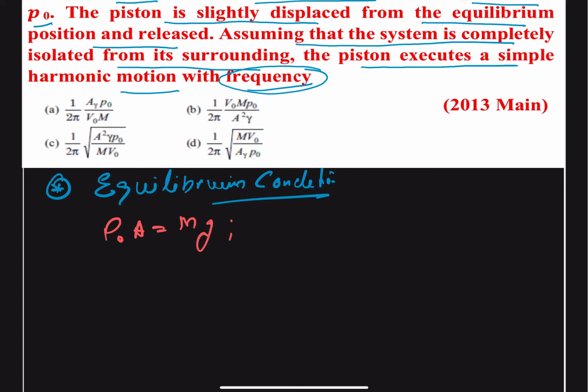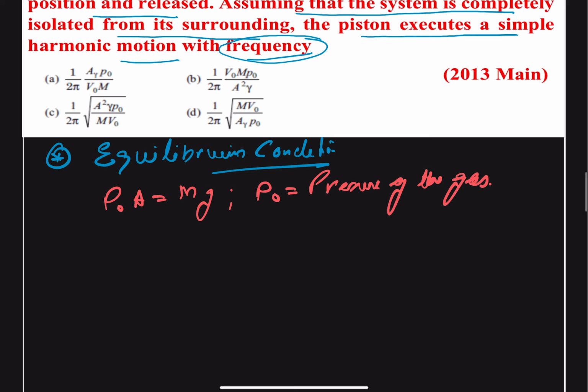We have P naught, it is given as the pressure of the gas when the entire system is in equilibrium, A is the cross-sectional area, and capital M is the mass of the piston, and obviously g is the acceleration due to gravity.